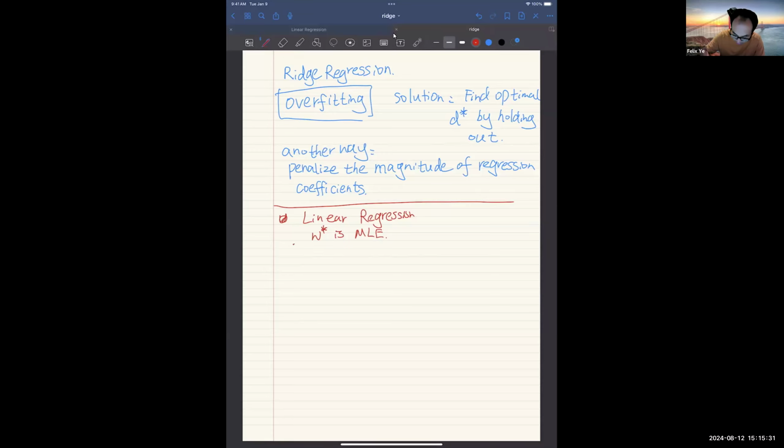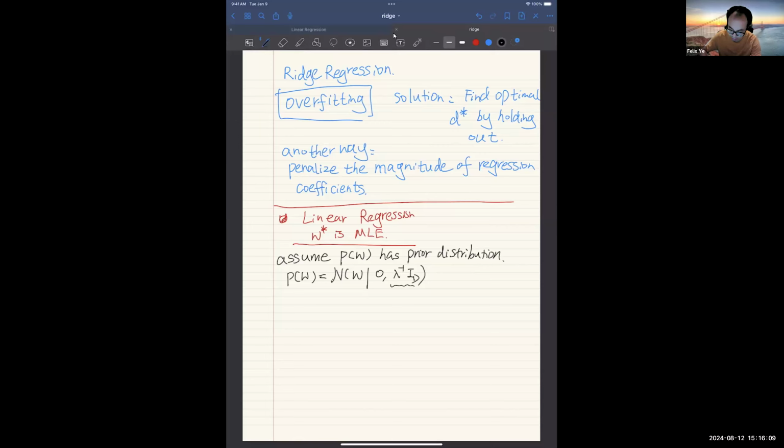This is the additional thing: we assume P(W) has a prior distribution. That means P(W) is equal to a Gaussian distribution with W having zero mean and lambda inverse times the identity of D as the covariance.